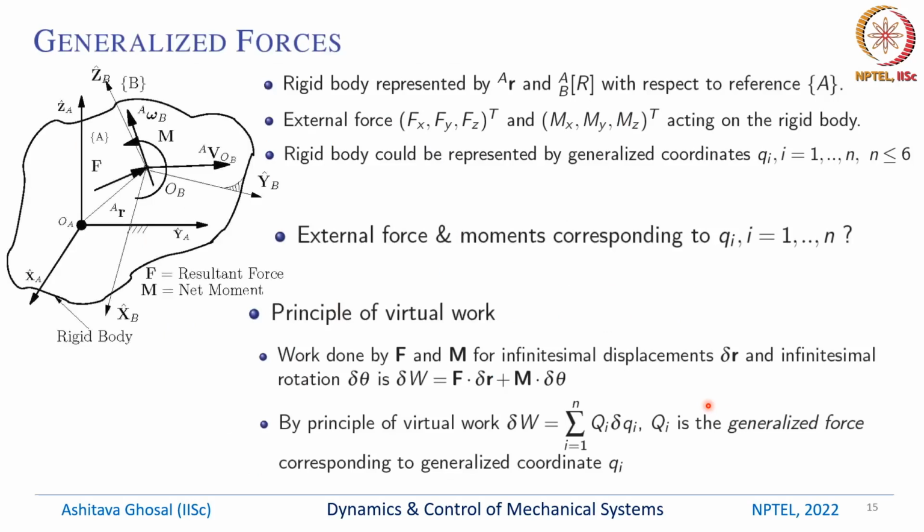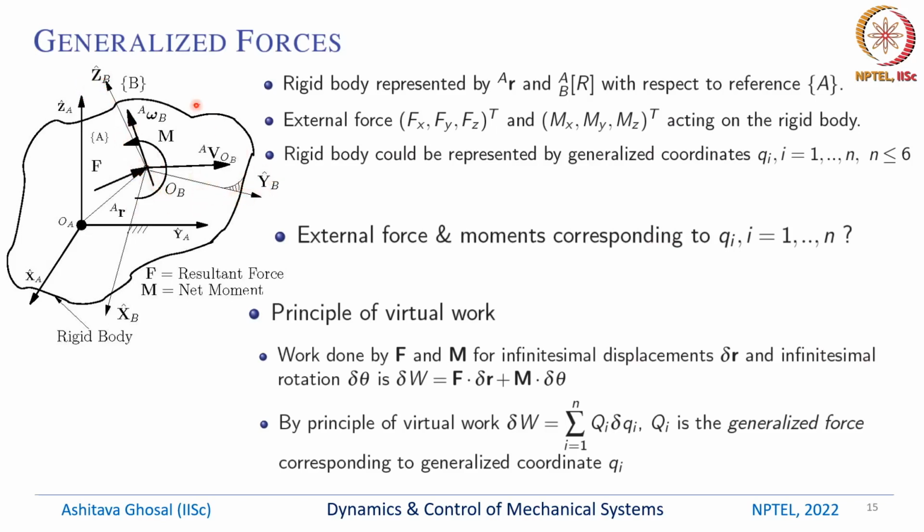So next, we want to look at this concept of something called generalized forces. Okay, so what do we have? We have a rigid body B, our old rigid body B. There is a point OB in which we have another coordinate system xb, yb, zb.